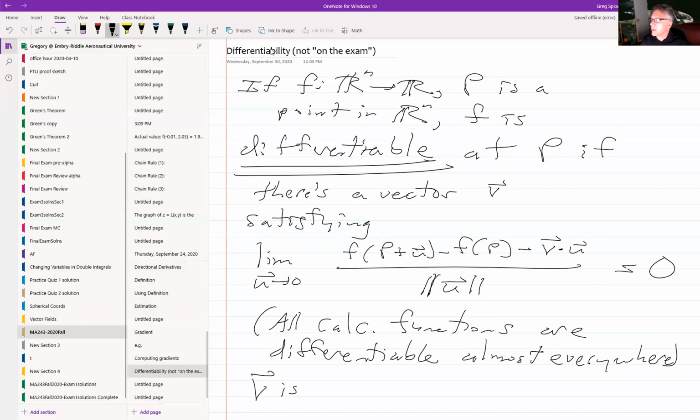Okay, so I'm going to ask you to accept this. If you accept this, then that vector, which I called V, is the gradient of f at P. Now I'm going to justify what the components of the gradient of f are.